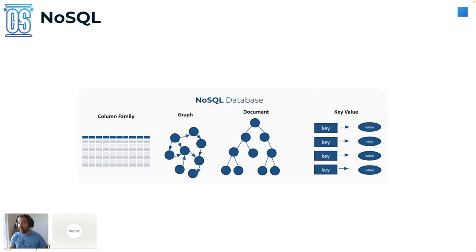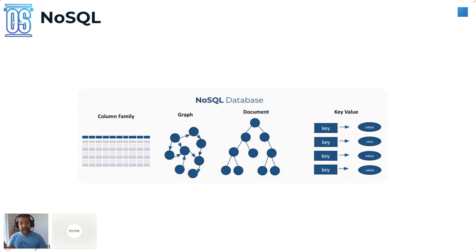So we have column family or wide column, where the most famous implementation right now is Cassandra. Then we have graph databases, where the most famous one is Neo4j. Then document with MongoDB, and finally key value with Redis.